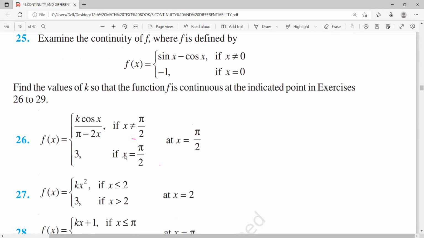Should I read out the portion sheet? Relations and functions, inverse trigonometric functions, matrices, determinants, continuity and differentiability, applications of derivatives, integrals, applications of integrals, differential equations, and linear programming.